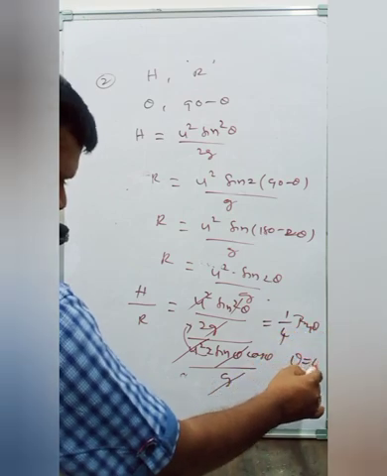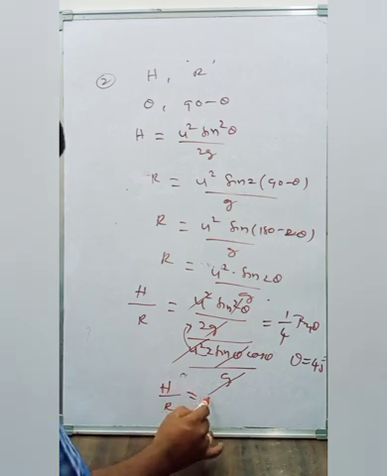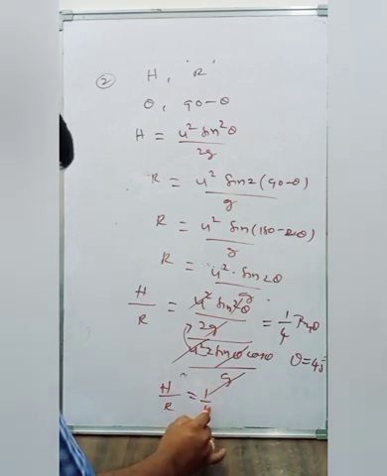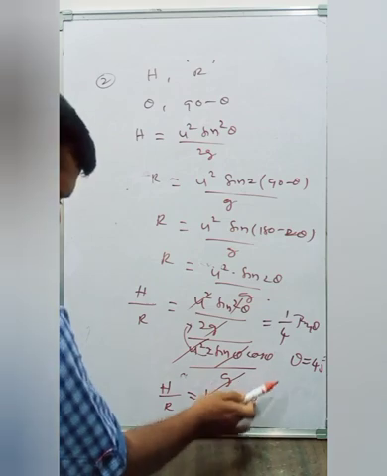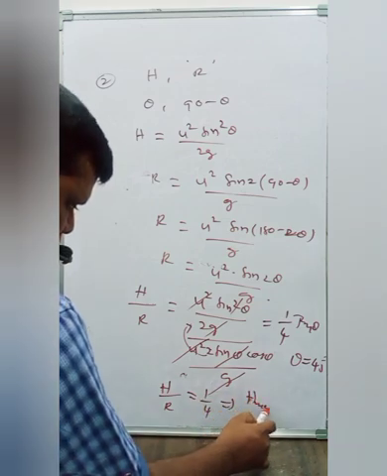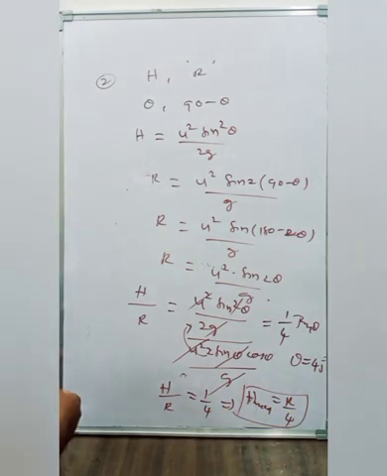Here theta is equal to 45 degrees. Therefore H by R is equal to 1 by 4, or H maximum is equal to R by 4. This is one of the relations.